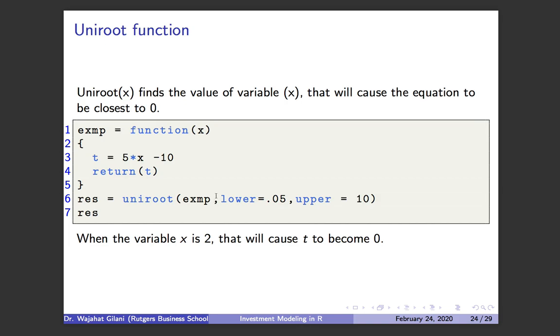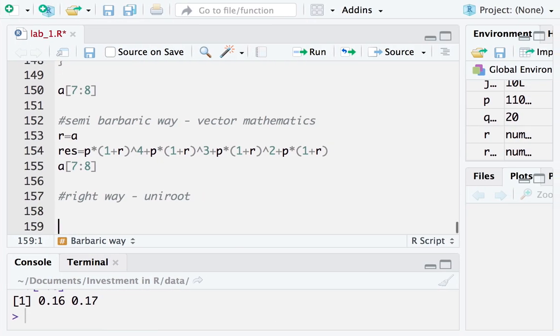So for example, hypothetically, if I wanted to solve the equation 5x equals 10 for x, what x multiplied by 5 will give me 10, right? We know the answer, it's 2, right?